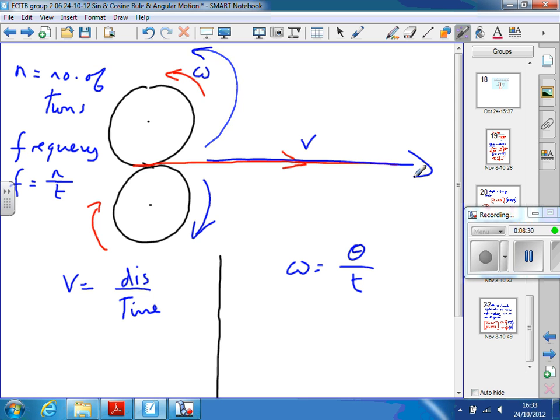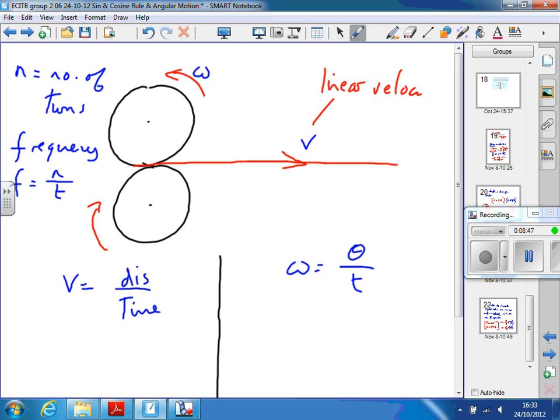So it's a process that you might see in a factory or something, where some belt is being passed through between 2 rollers, okay? And this is moving with a linear velocity, so this is the linear velocity. And this is the angular velocity.